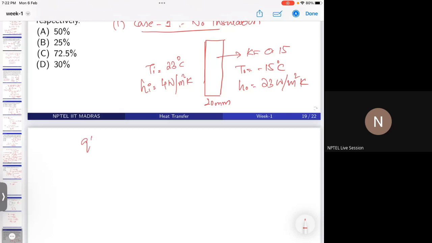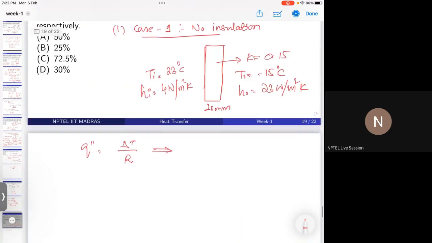So the heat flux is equal to delta T divided by R. So what is R? We have Ti here, and we have a convection resistance of 1 by Hi, then a conduction resistance of L by K, and then a convection resistance of 1 by Ho.